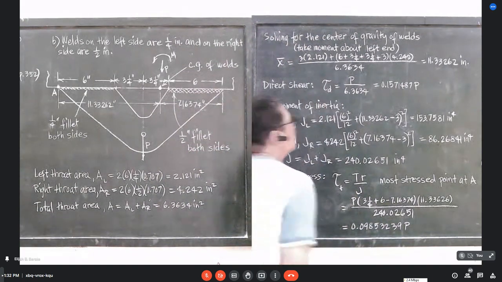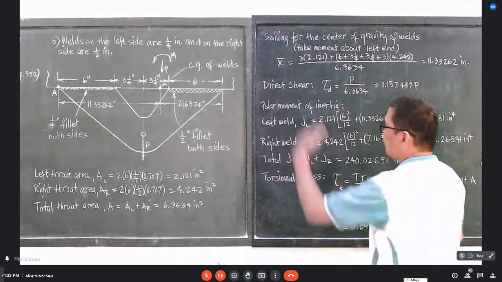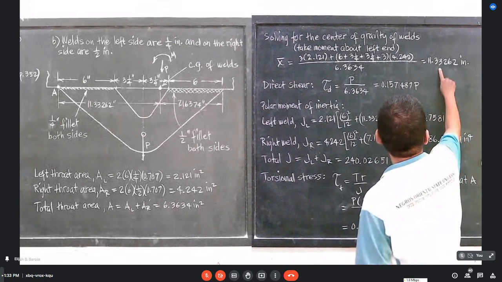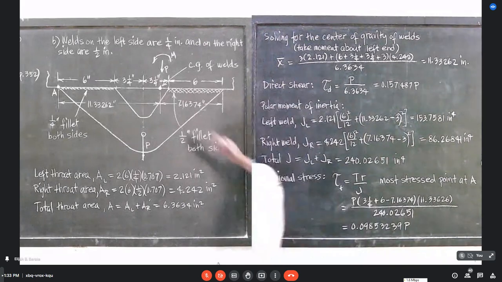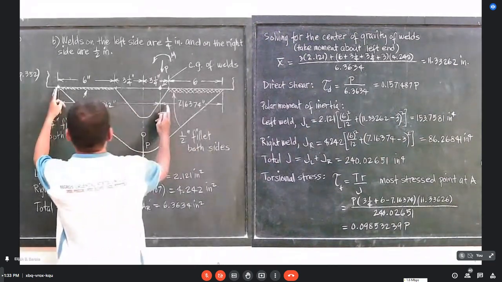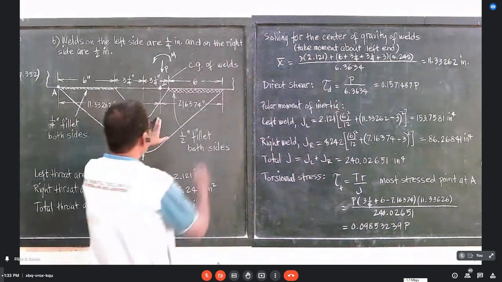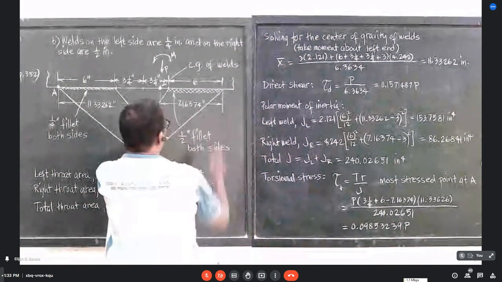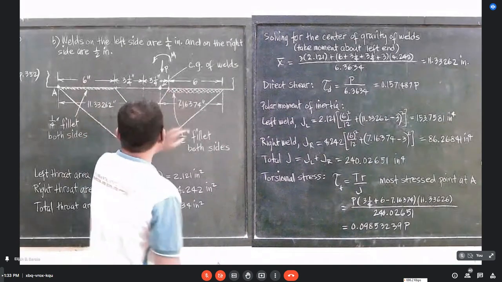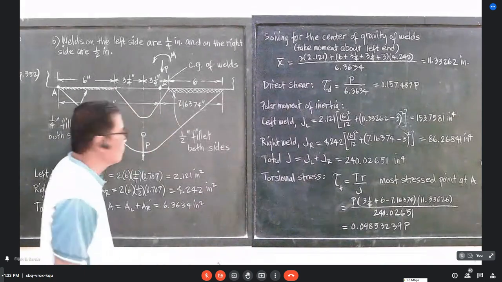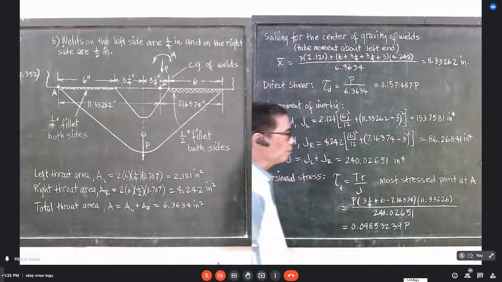So our location of the centroid based from the left edge is 11.33268. That is our distance from the left edge of the centroid. Of course, we just subtract this one: 6 plus 3/4 plus 3/4 plus 6 minus this one. So that is 7.16374.